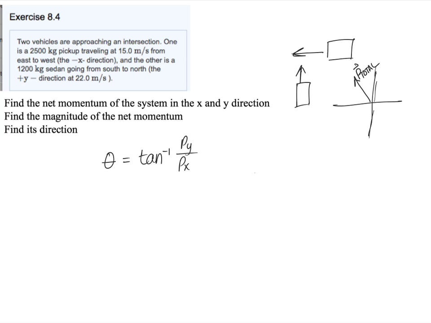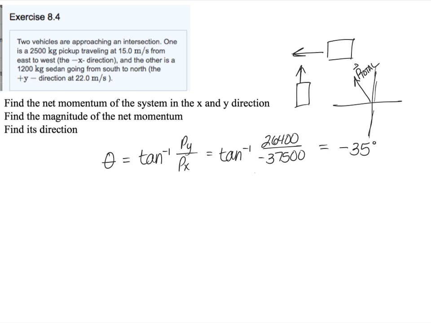It's got a negative x value and a positive y value. We can't forget our negative sign, and if we do that, we find that the angle is minus 35 degrees.